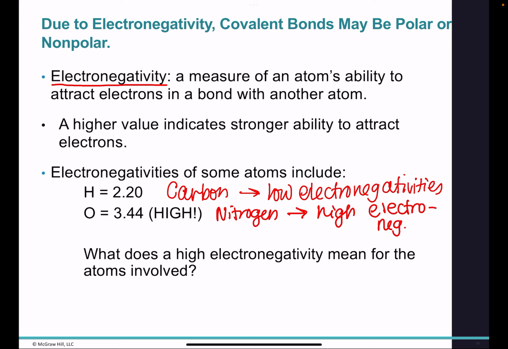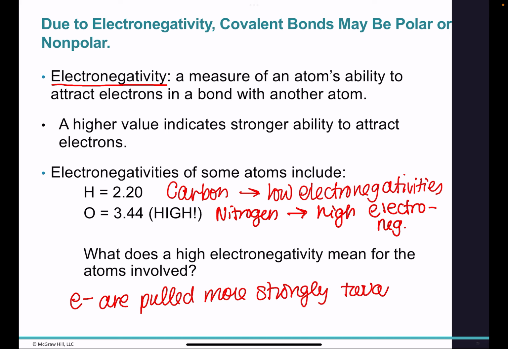So what that means is that if something is bound with another atom that has a higher electronegativity, electrons are going to be pulled more strongly toward that electronegative atom.